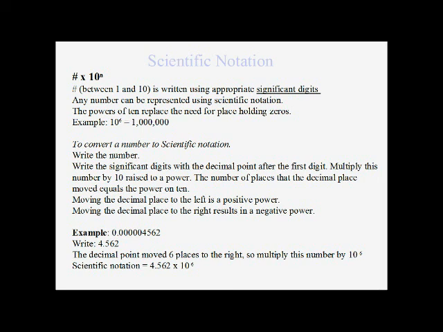And that power will also represent how many places we had to move the decimal place to convert between scientific notation and the standard notation. If that exponent is positive, standard notation gives us a very large number, and if the exponent is negative, standard notation would be a number less than 1.